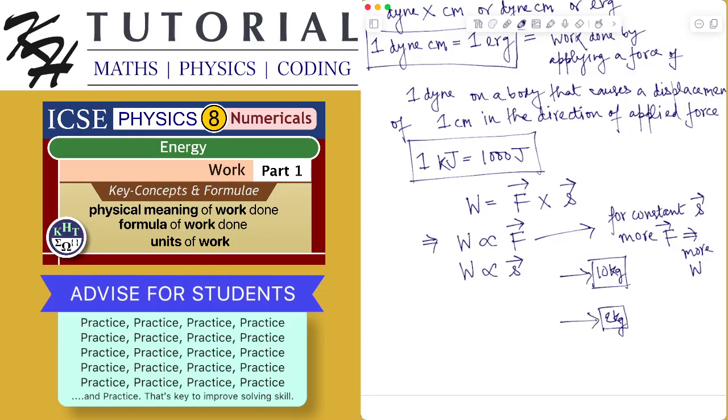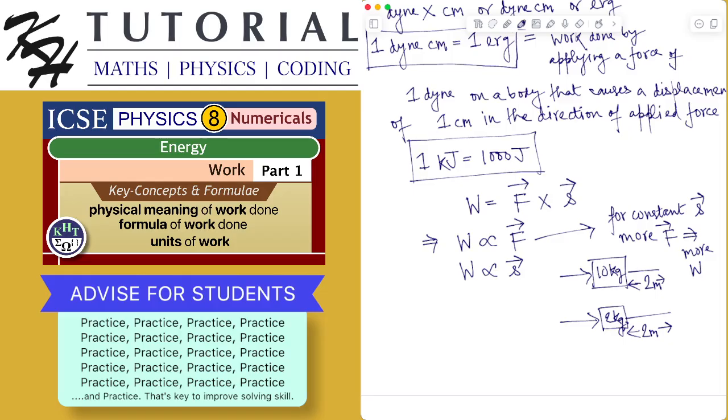For the 10 kilogram body, you move it by a distance of 2 meter, and by applying some force, you push or move the 2 kilogram body also by 2 meter. Don't you think that more force, more effort was required to move the 10 kilogram body by 2 meter compared to the 2 kilogram body?